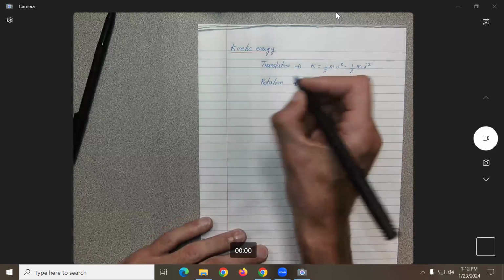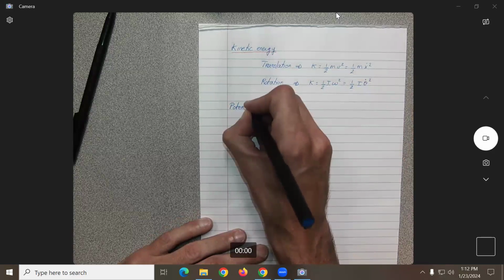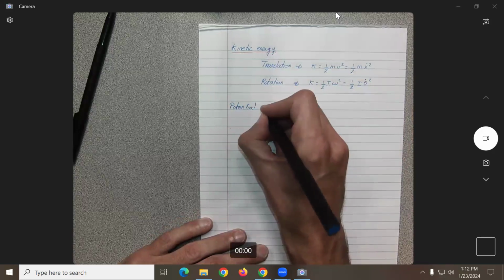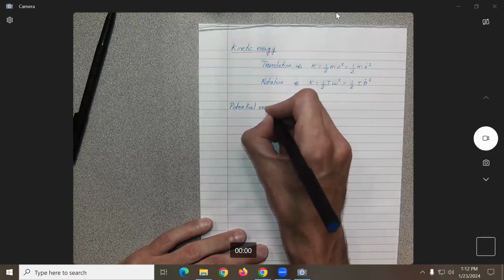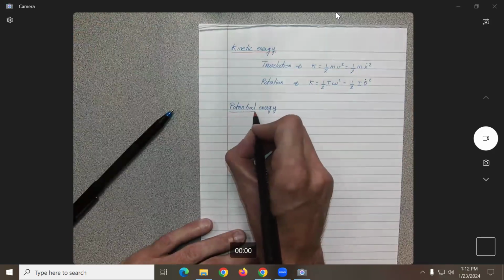And now let's look at potential energies. Here I'm going to define something that we haven't done yet.